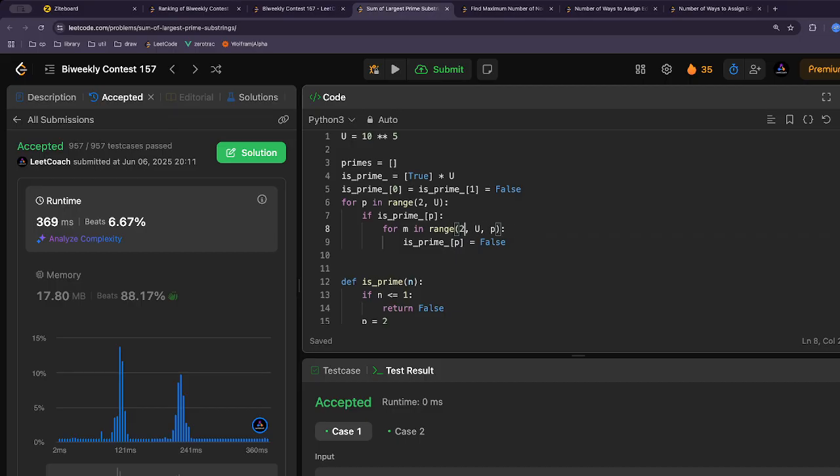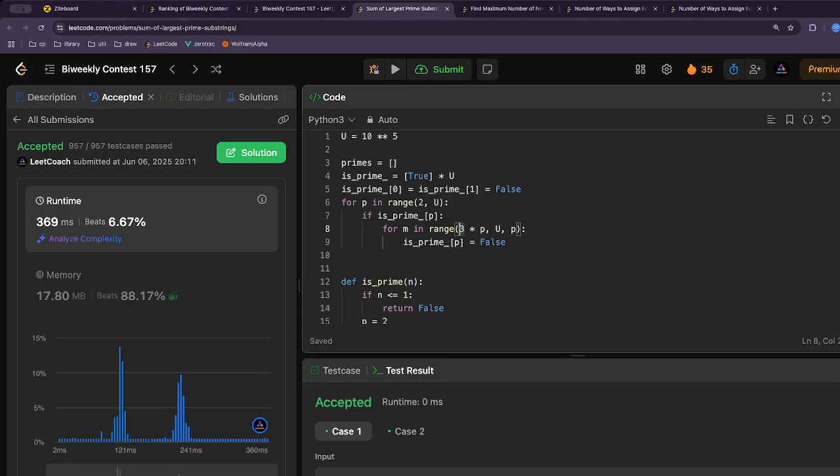But notice that since 2, assuming 2 is smaller than p, then you already crossed out all the multiples of p, right? So that one should be already crossed out. And then for 3, the same, and so on.